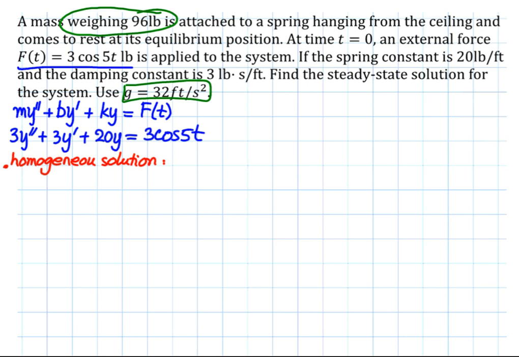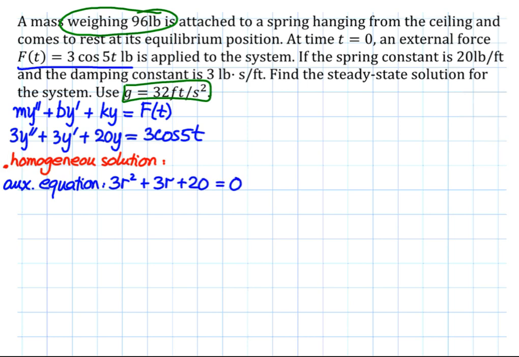We will have the auxiliary equation 3r squared plus 3r plus 20 equal to 0.